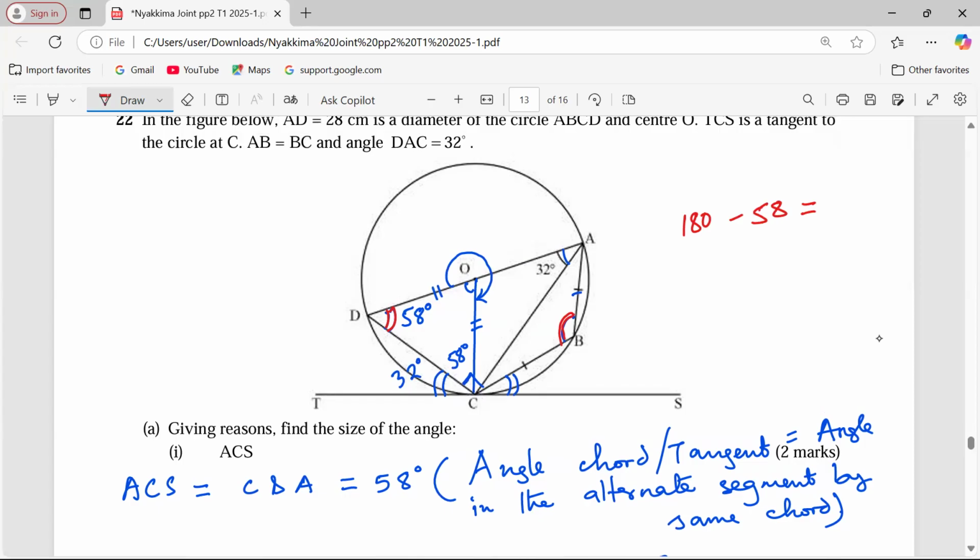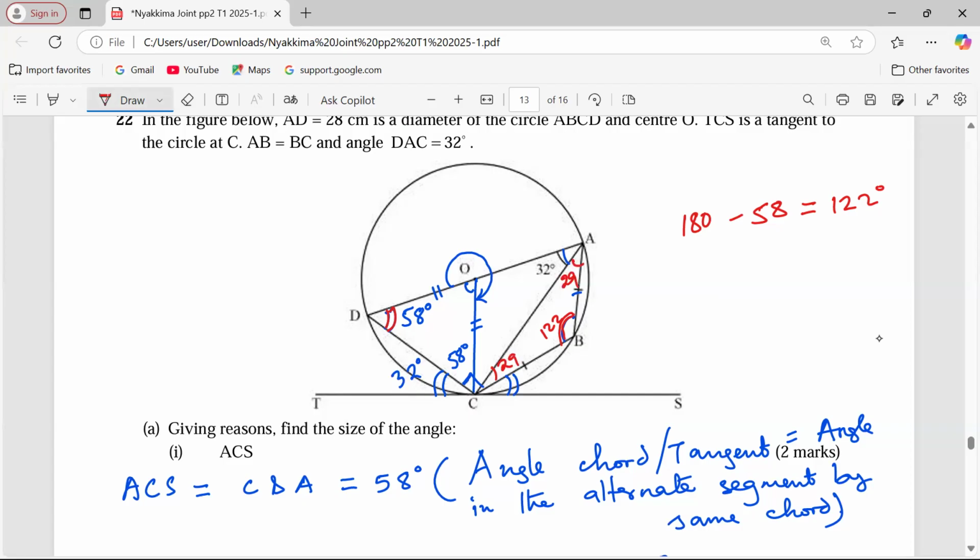And this becomes 122. Now, if this is 122, then we can get the base angles for triangle ABC, because we need to take 58 and divide it by 2, for us to get 29 here and 29 here.